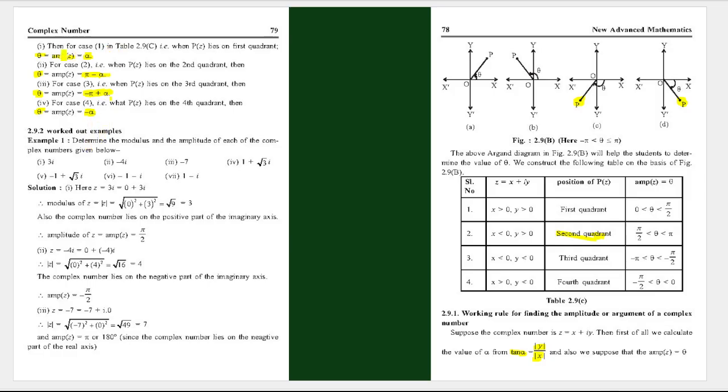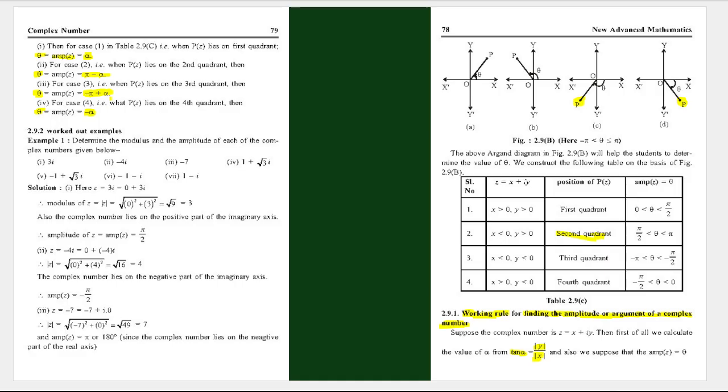So note this down on your copy. This is important: the working rule for finding the amplitude or argument of a complex number. If it is in the first quadrant, then alpha. If it is in the second quadrant, then pi minus alpha.